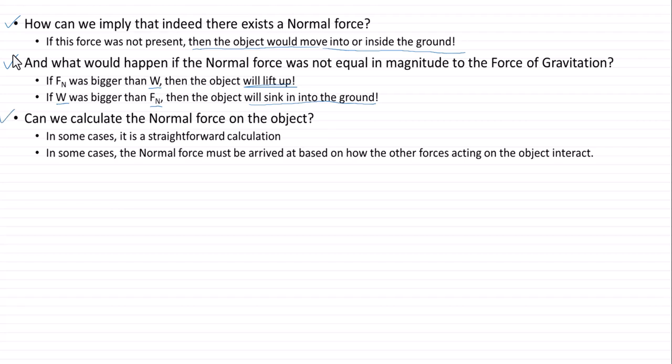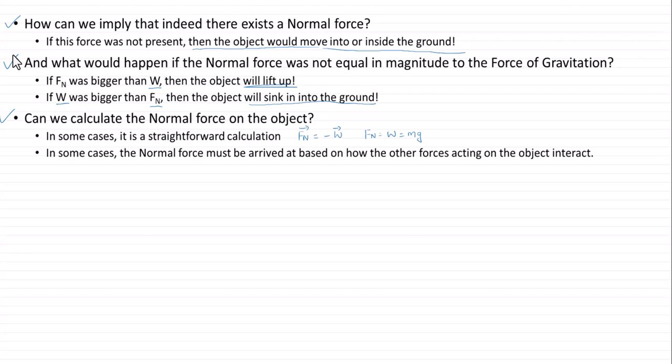And finally, can we calculate the normal force on the object? Very easily. In some cases, like the case we discussed earlier, the block placed on the ground, it's a straightforward calculation wherein applying the free body diagram concept, Fn will be equal to negative weight of the object, or in terms of magnitude, Fn will be equal to the weight of the object, which is equal to mass times gravity.